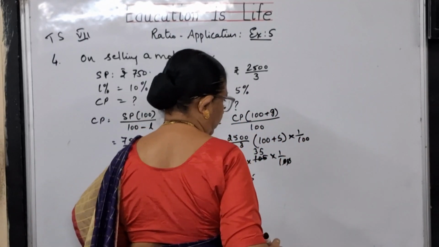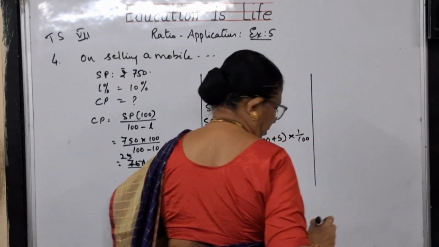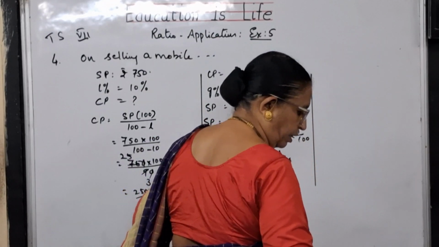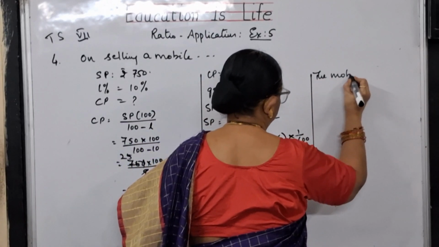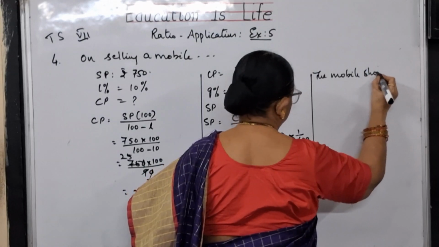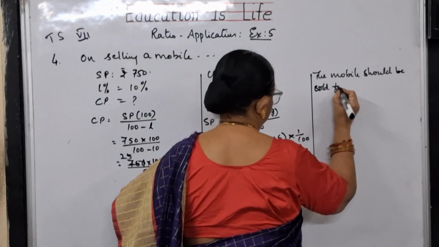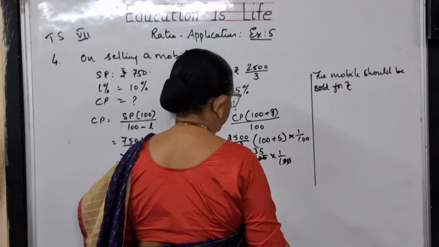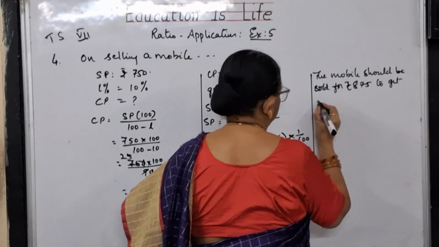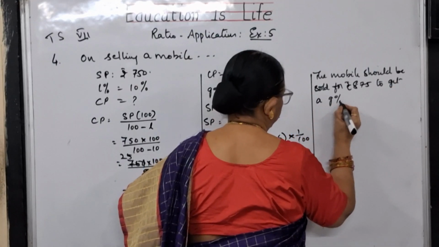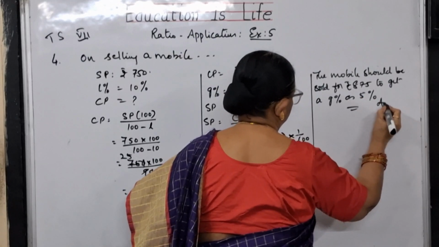So on selling the mobile, the mobile should be sold for rupees 875 to get a gain percent of 5%. This is the answer, children.